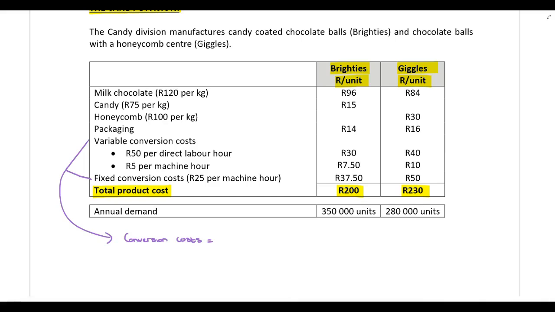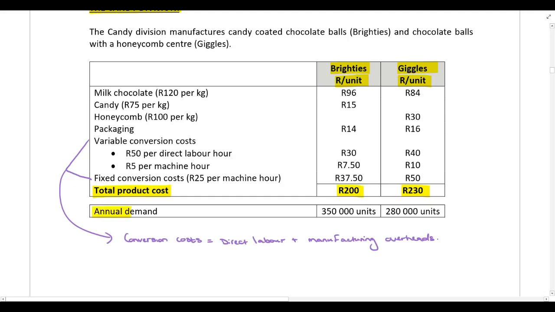So it's your direct labor costs and your manufacturing overhead costs. So instead of giving you the direct labor cost and the manufacturing overhead costs separately, instead I've given you the combined conversion cost.